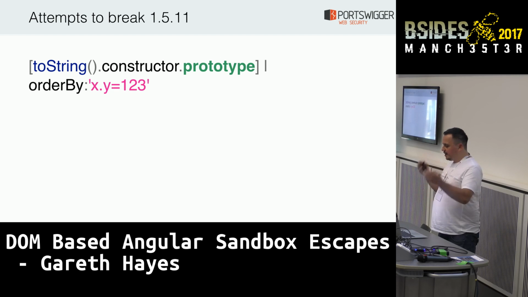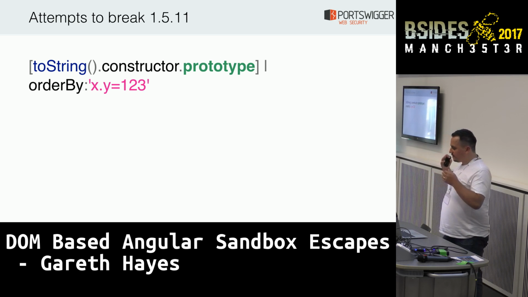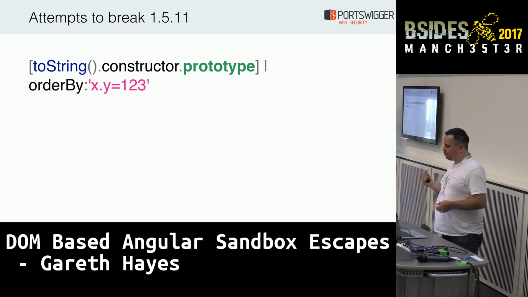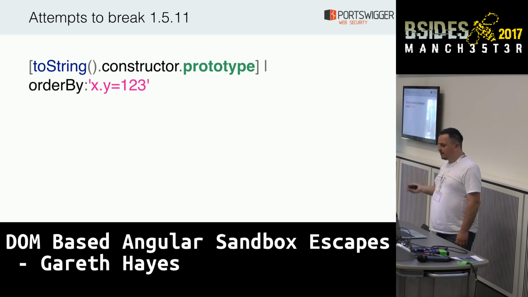But if you pass it in an array and use the pipe operator in Angular, the filter operation, and that will get passed to the orderBy filter, then we can modify the string prototype. Because X doesn't exist, Angular quite helpfully creates an object, and then we add a Y property with 1, 2, 3.